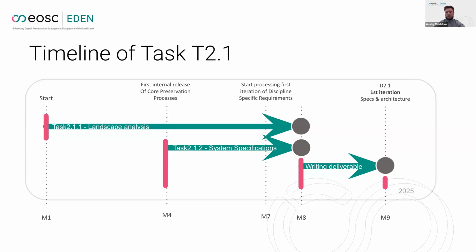At that point, we also started to think about service descriptions, which I will talk about later. Also, in month 7, the first iteration of discipline-specific requirements became available, which we partially also processed in the deliverable, which was due in month 9 in September last year.